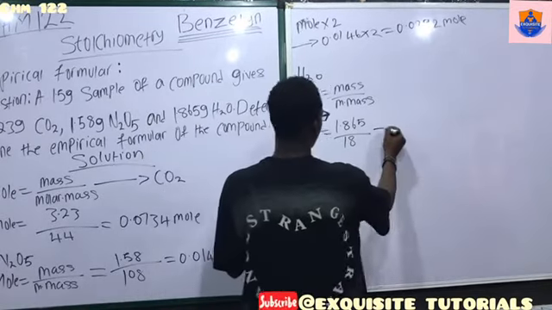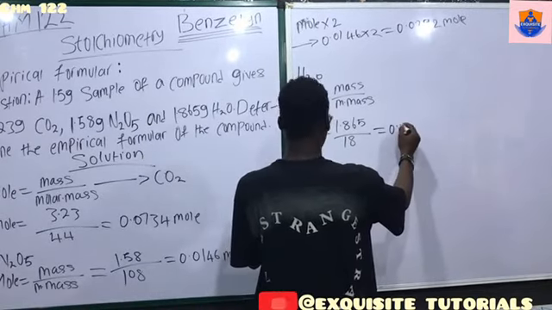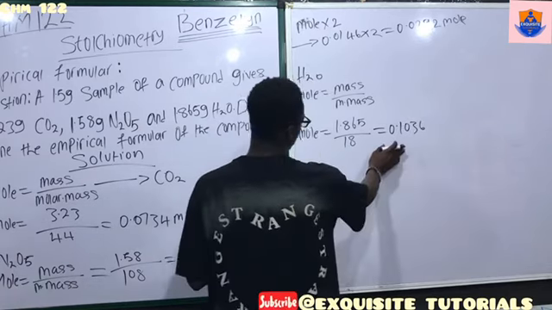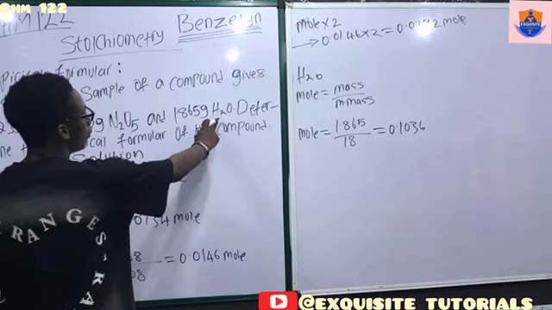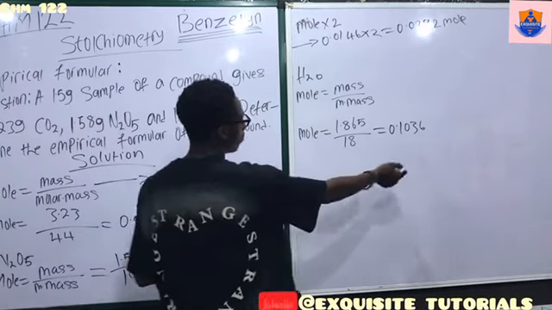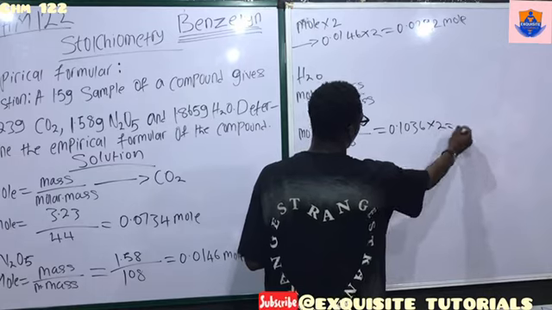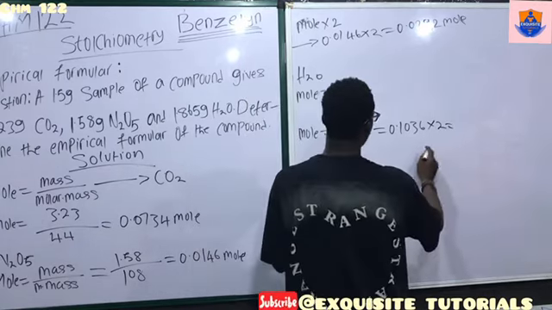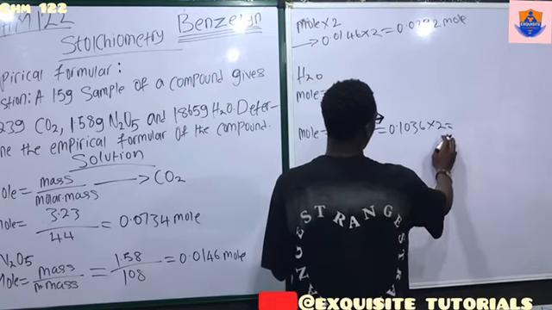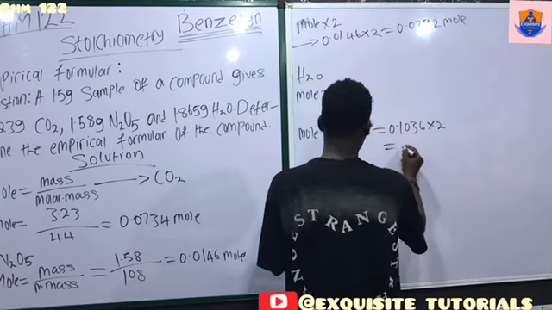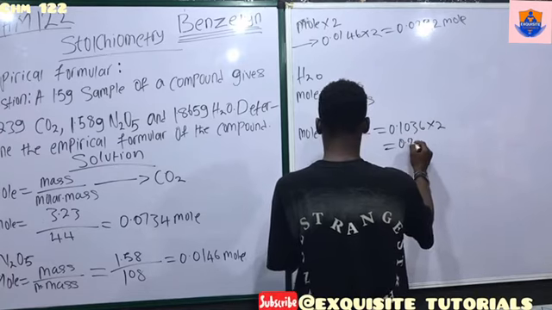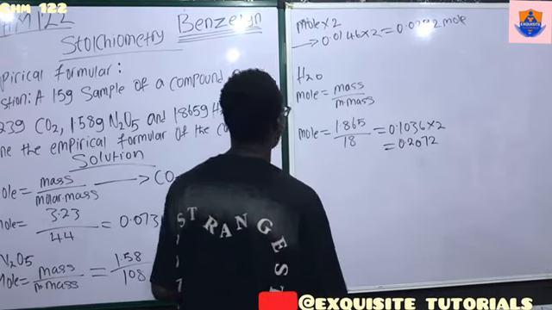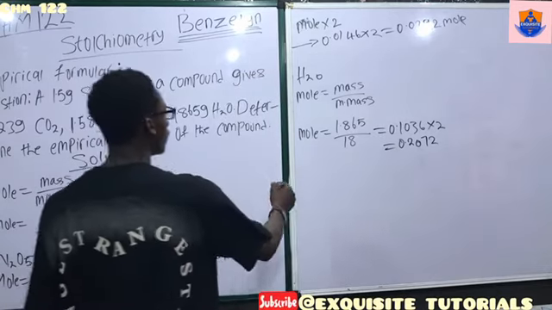So we have 0.1036 approximately. Then hydrogen has 2 here, so we multiply by 2. So we have an approximate value of 0.2072.